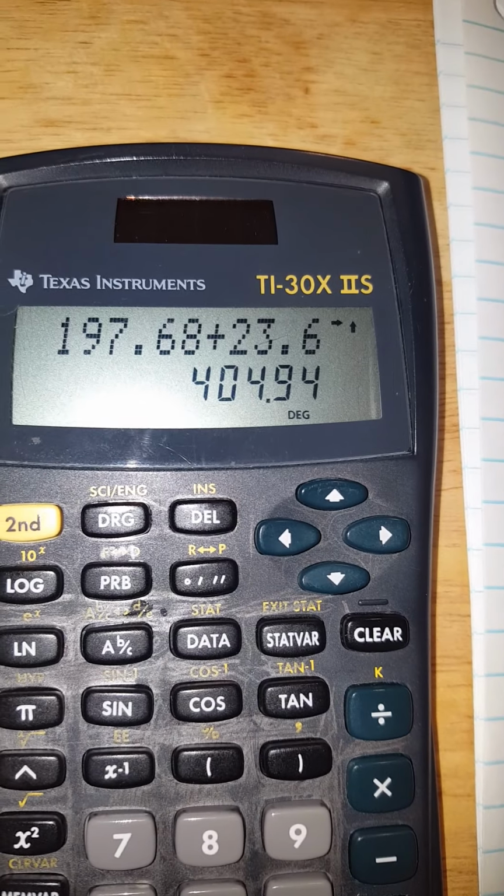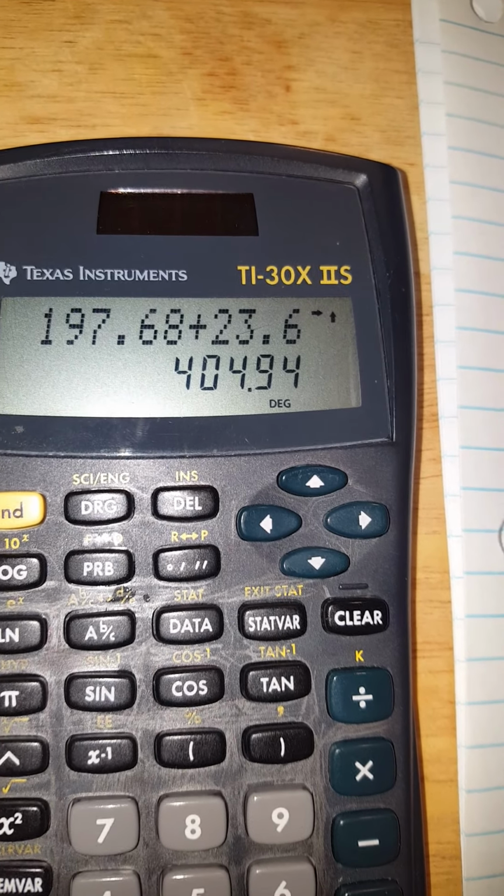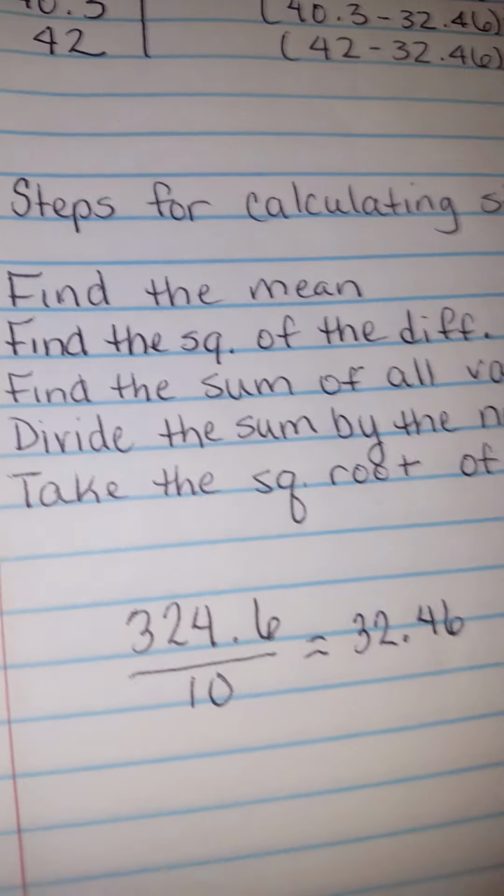Once we add all the values together, you see that our total is 404.94. So I'm going to write that total down here.